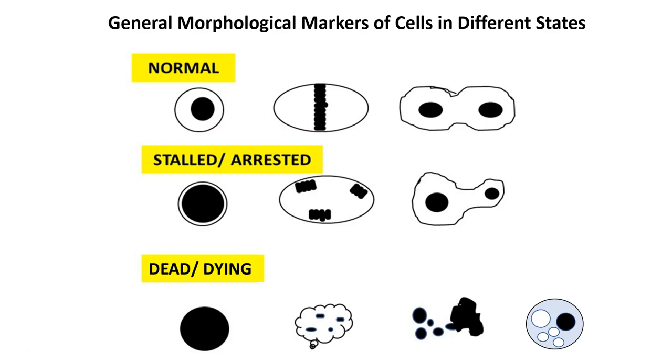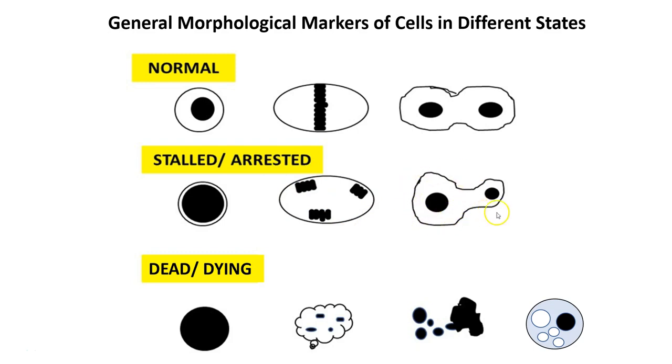If that's disrupted, the chromosomes will have no guidance system, and you will end up with chromatin condensing and then lining up randomly or forming multiple poles, attempting to divide but not able to. This would be another example of a stalled or arrested cell.